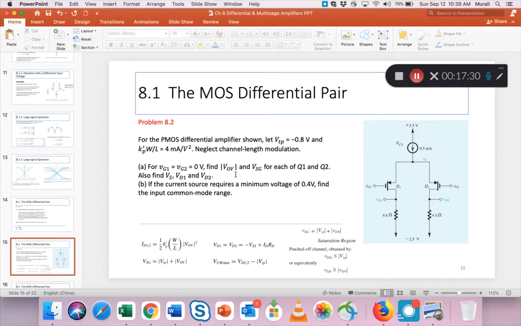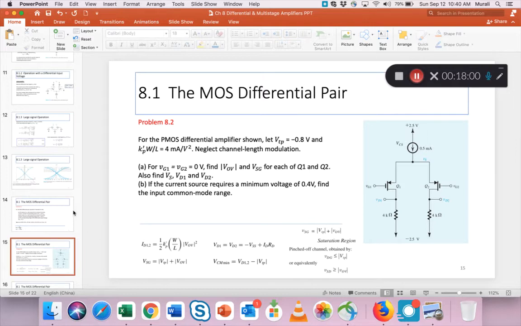Find the overdrive voltage and V source to gate for each of Q1 and Q2. Also find Vs, the point here, and the two drain voltages Vd1 and Vd2. If the current source requires a minimum voltage of 0.4, find the input common mode range.